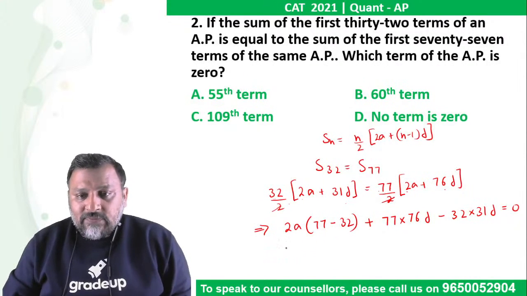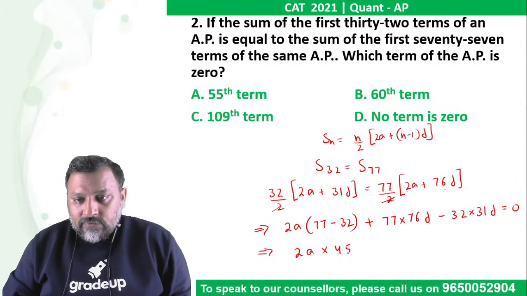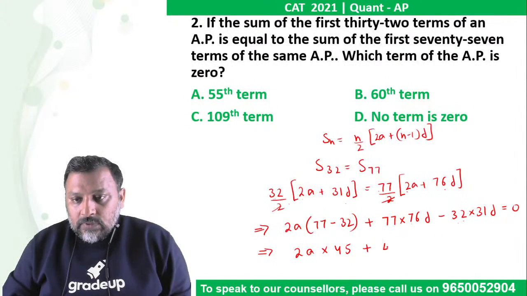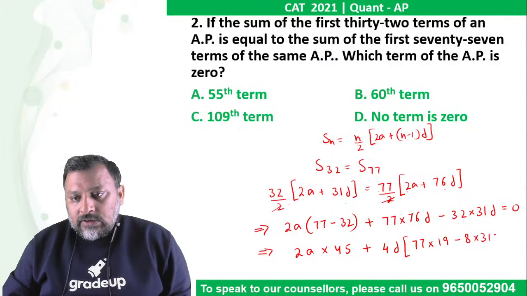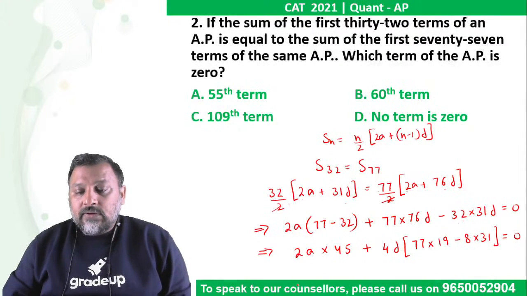Now we can simplify this. So here we have 2a into 45 plus, I can take 4d common, so what you'll get is 77 into 19 minus 8 into 31.